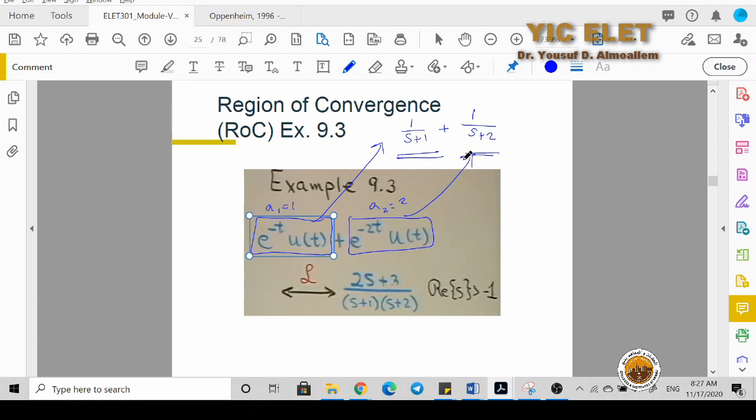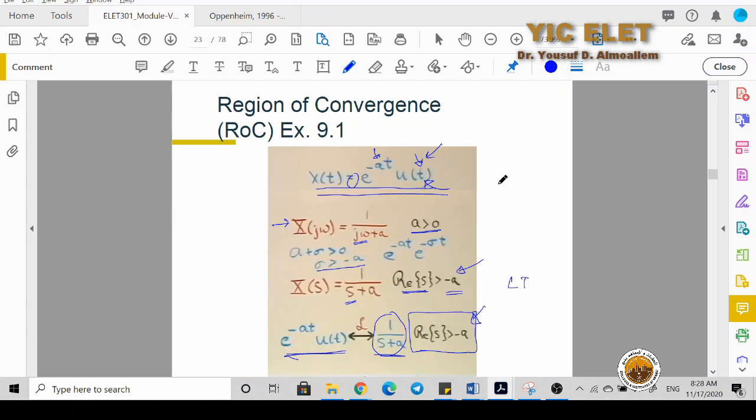Now, the question is, which region of convergence should we get? The region of convergence for the first one, we should write real part of s is greater than minus a.